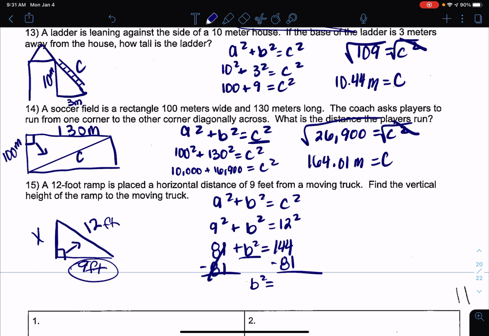And then 144 minus 81 is going to equal 63. Okay, b is not by itself, so I'm going to square root on both sides to get rid of that squared. b is now by itself, and the square root of 63 is equal to 7.94 feet. So that means that the vertical height of that ramp is going to be 7.94 feet.